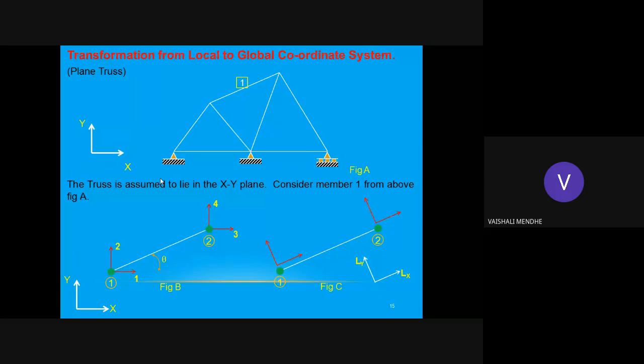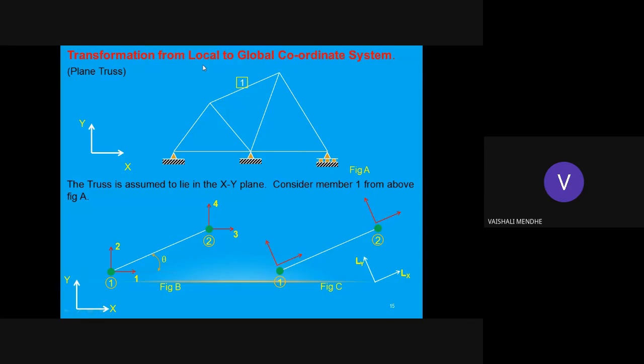So this is the second derivation. Now we have to derive the transformation matrix for plane truss. The topic here is transformation from local to global coordinate system. It can be asked like this: derive the transformation matrix for plane truss which transforms the displacement from local to global or global to local.